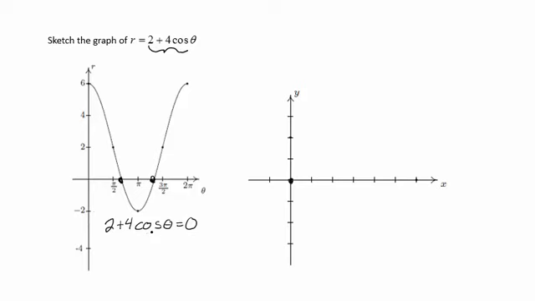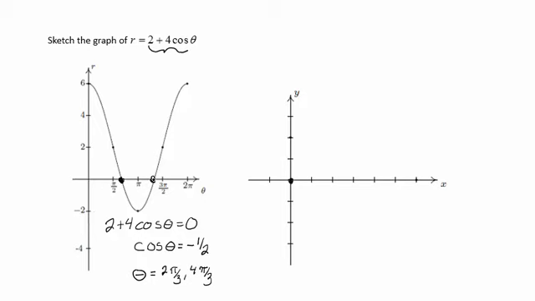We can solve this for the cosine expression by subtracting 2 and then dividing by 4. It would give us cosine equals -1/2. On the interval 0 to 2 pi, there are two values of theta where cosine is -1/2: 2 pi over 3 and 4 pi over 3.